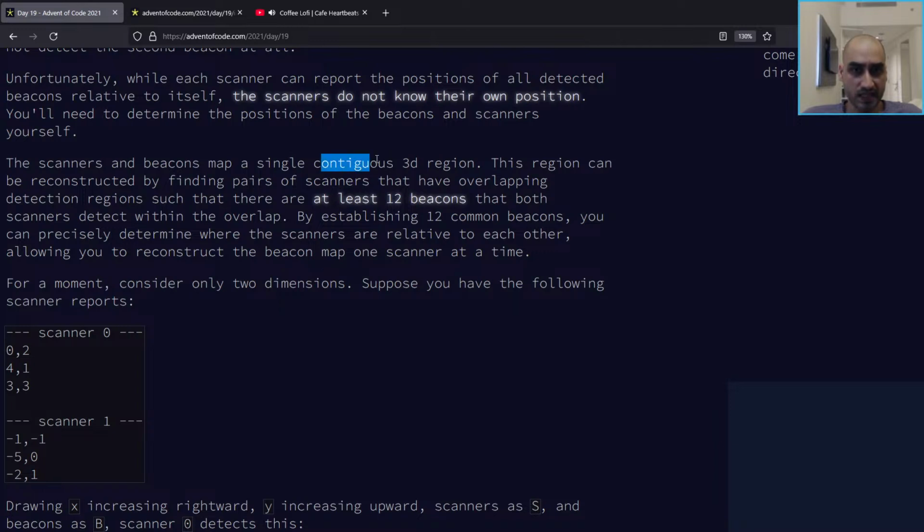So they say it's contiguous. That means scanners are necessarily connected. Like, every scanner is gonna overlap with at least one other scanner. Okay, that's probably true, but they could be in a line and just touching, their regions are just touching. So they could be in a line, or they could be kind of all clumped together.